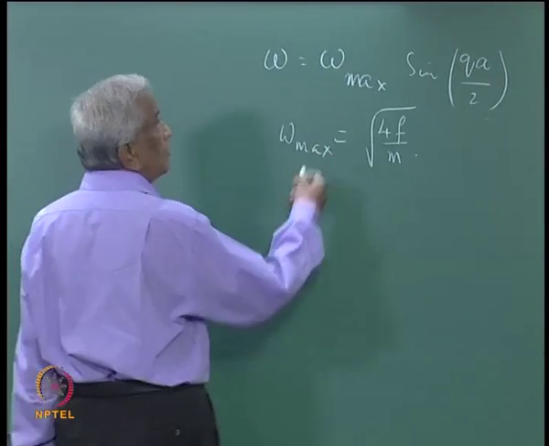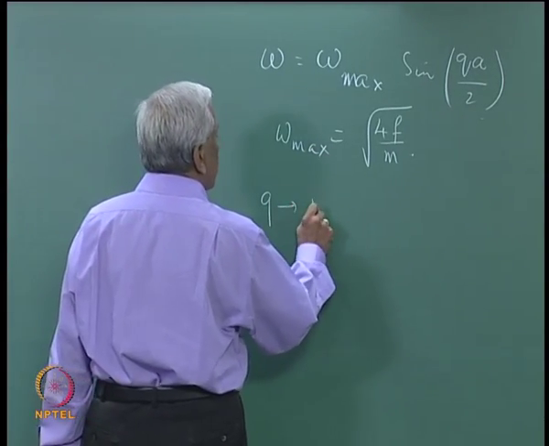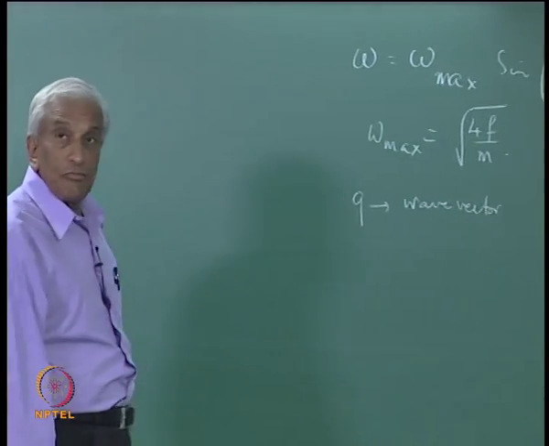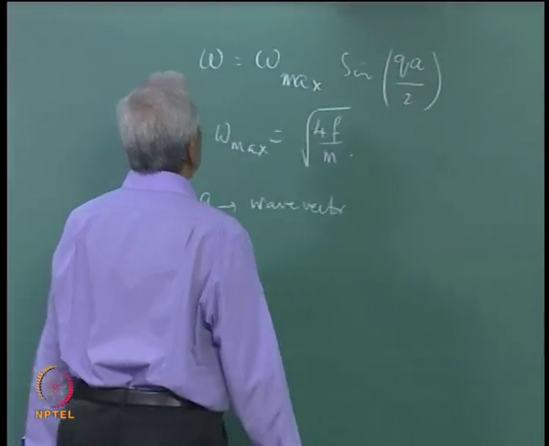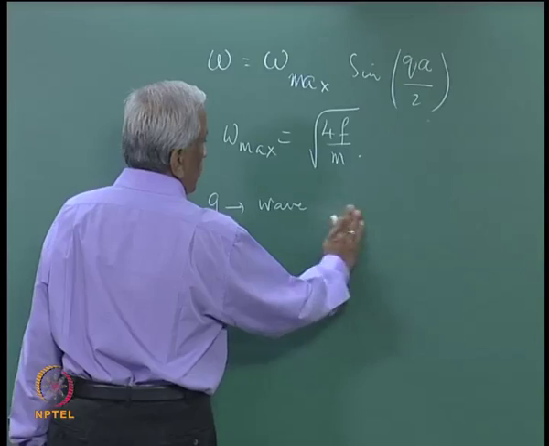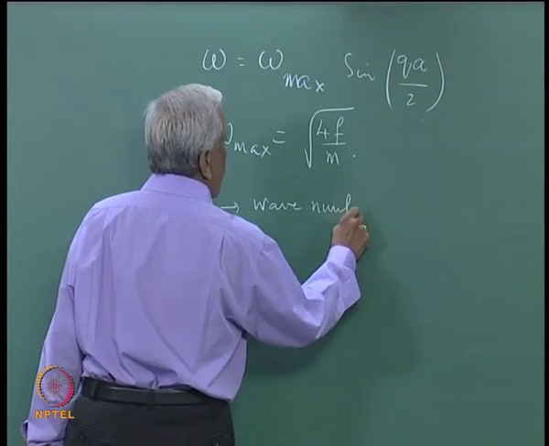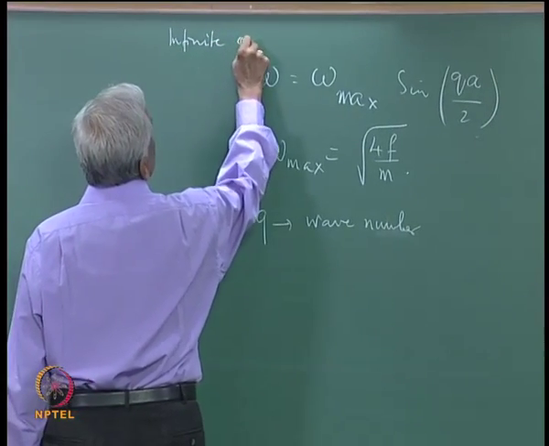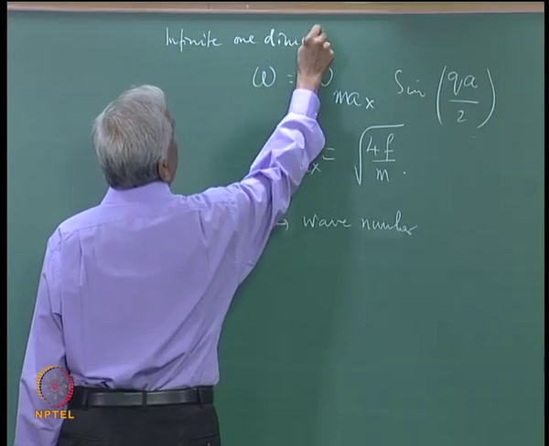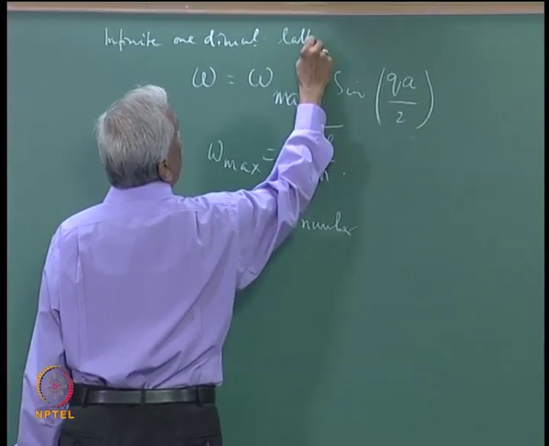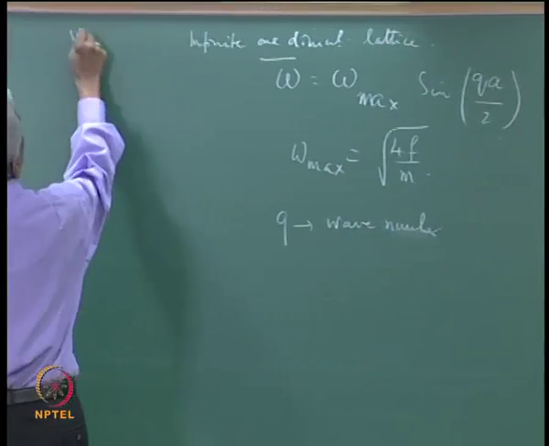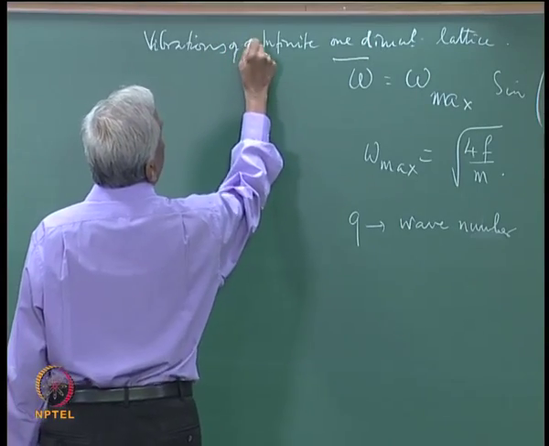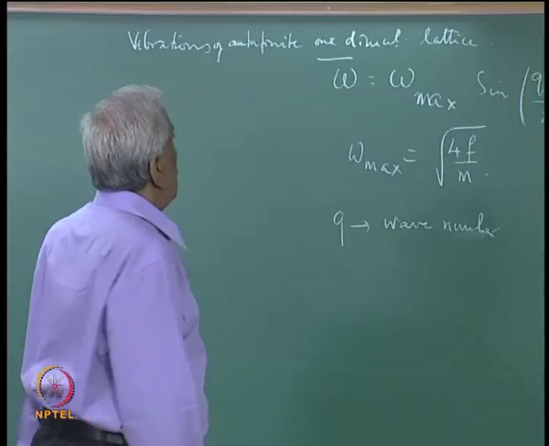Here, just to recall, q is the wave vector, or wave number, of the periodic wave, the acoustic wave which propagates. This is a one dimensional infinite lattice vibration.